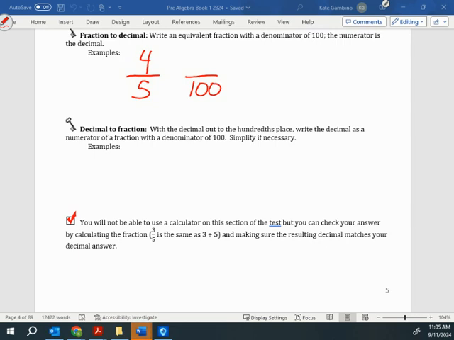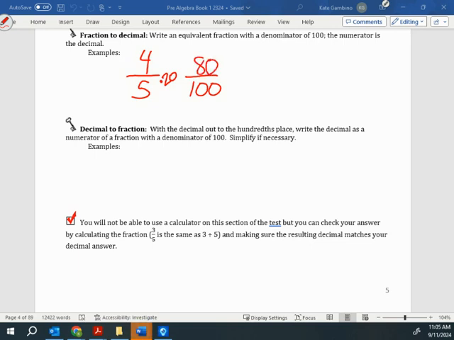How do I go from 5 to 100? I multiply it by 20. So I'm going to multiply by 20. Whatever I do to the bottom, I have to do to the top. So what is my numerator going to be, Christina? 80, because 4 times 20 gives me 80.